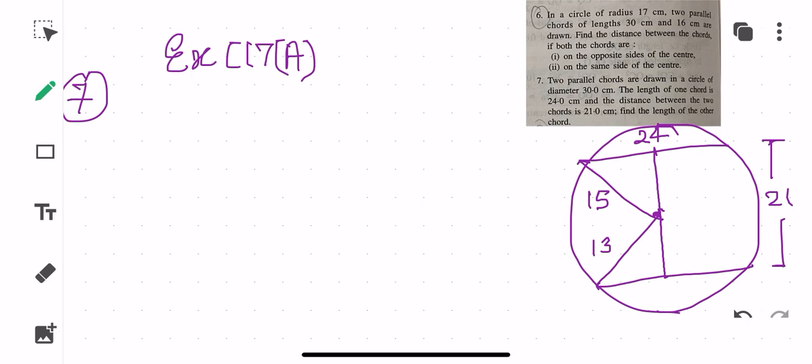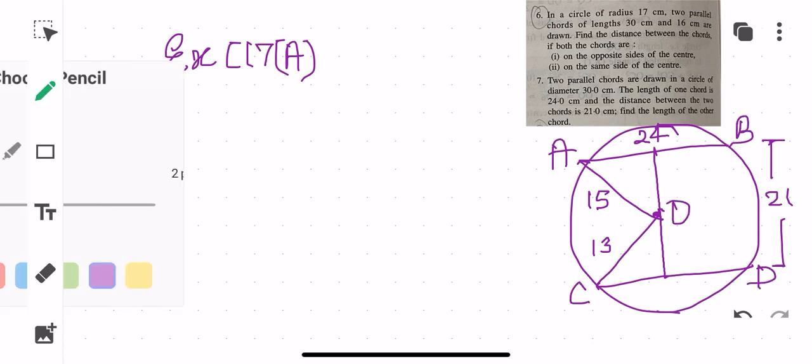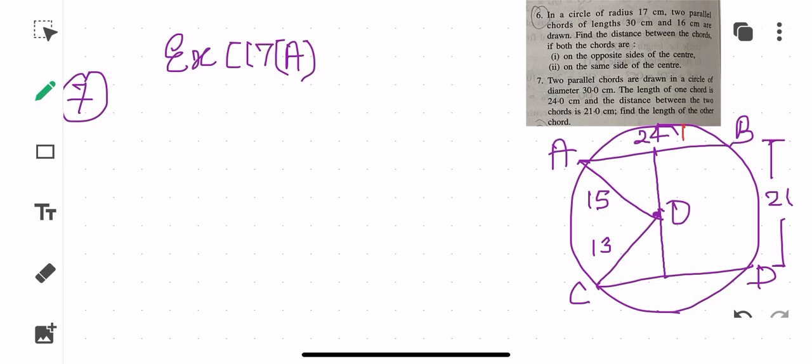For this type of question we'll take one of the lengths as x. Suppose this is my chord AB, and this is my chord CD, this is my O, and here I'll mark P and this I'll mark Q. Suppose this is what your figure has to look like, children.